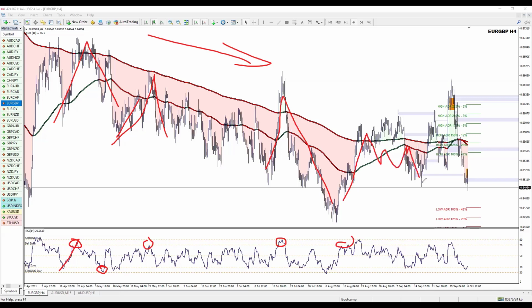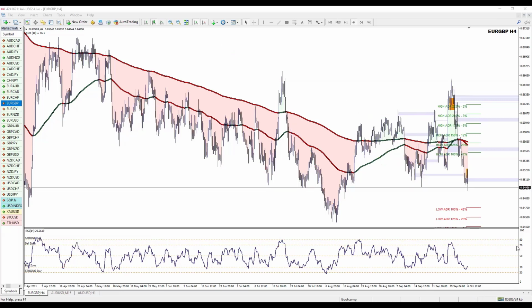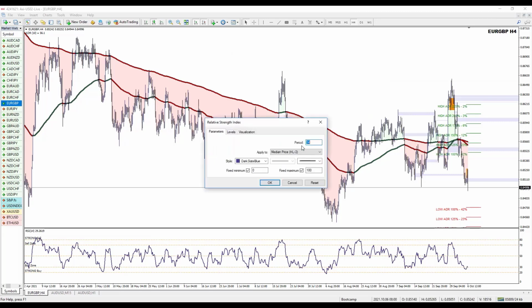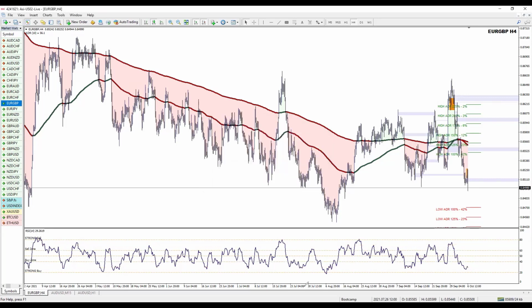That one's played out, but it's not obviously perfect. You would have had alarm bells ringing because we would have gone above the 72 there. But you can reset these levels to use with trend continuation. So rather than using the 70 and 30, which would be used typically for mean reversion, you could use something like the 40 and the 60 and use these for trend trading.